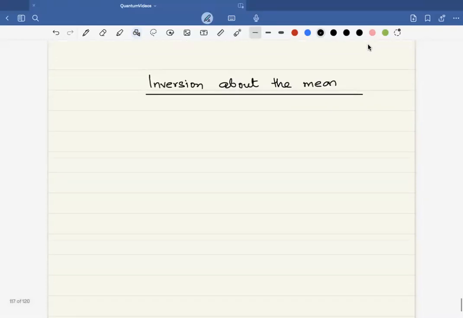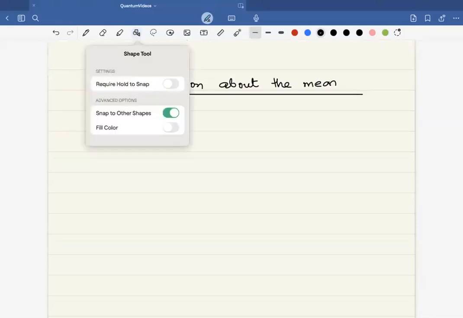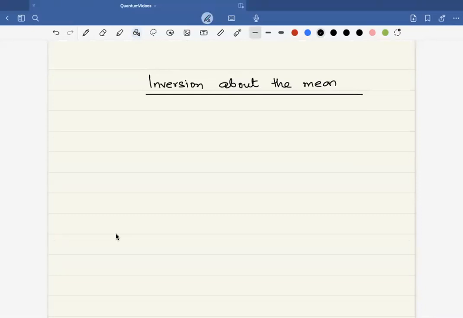Let's start with just visualizing the amplitude. So I'm going to draw the amplitudes right now. Let's say that I have the initial amplitudes of the Grover search. They're all of equal height, which is 1 over square root of n.